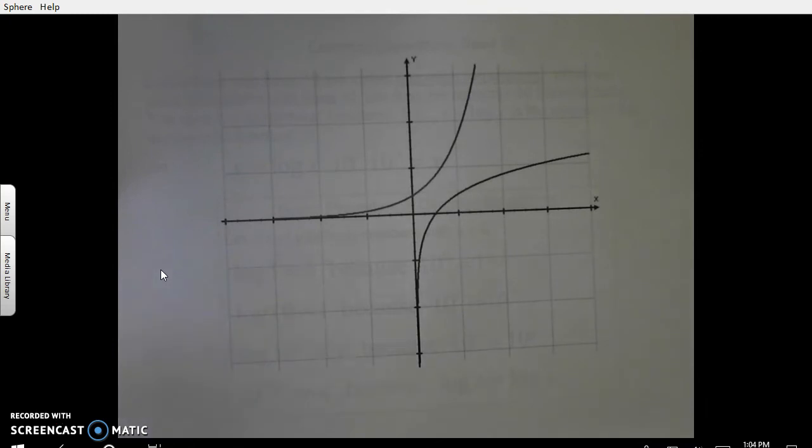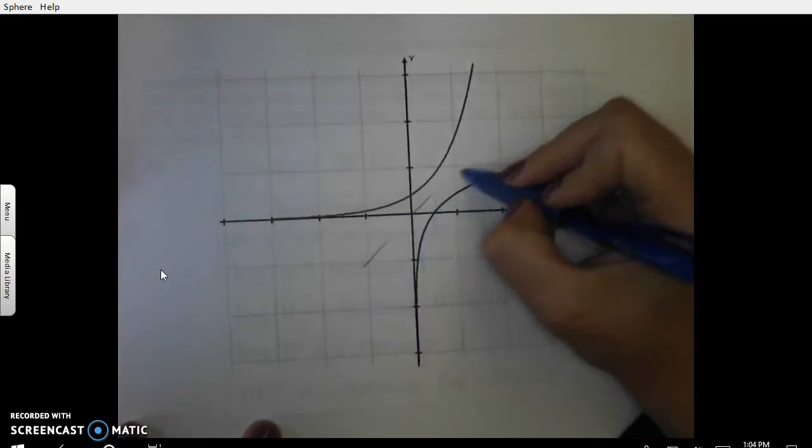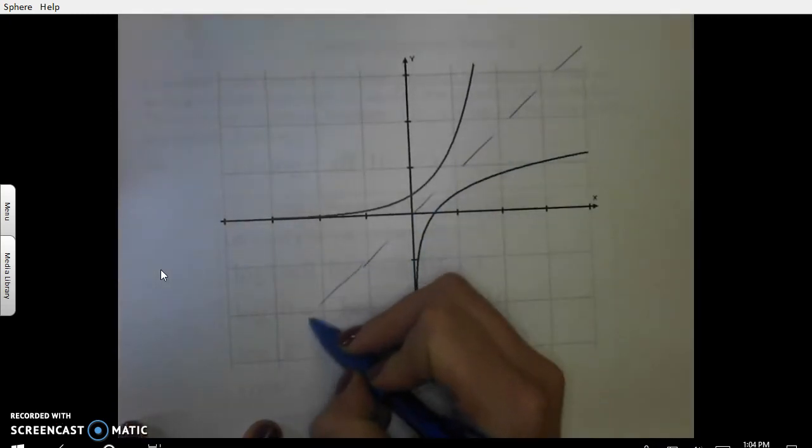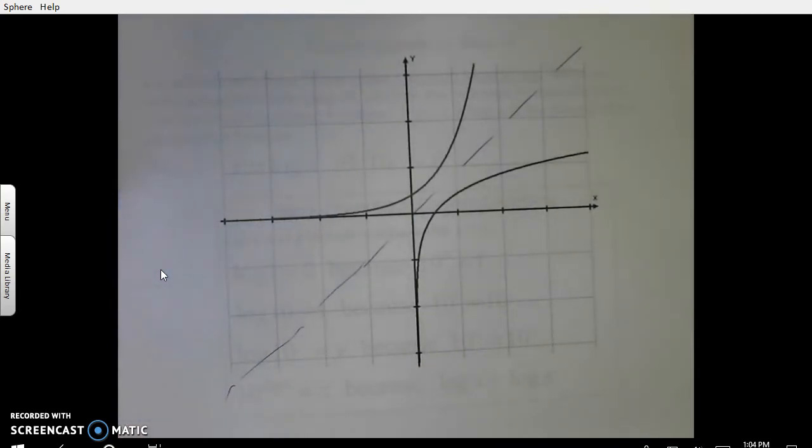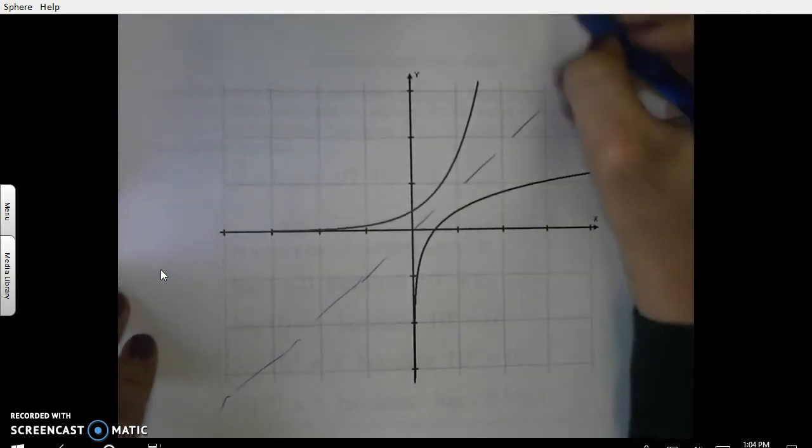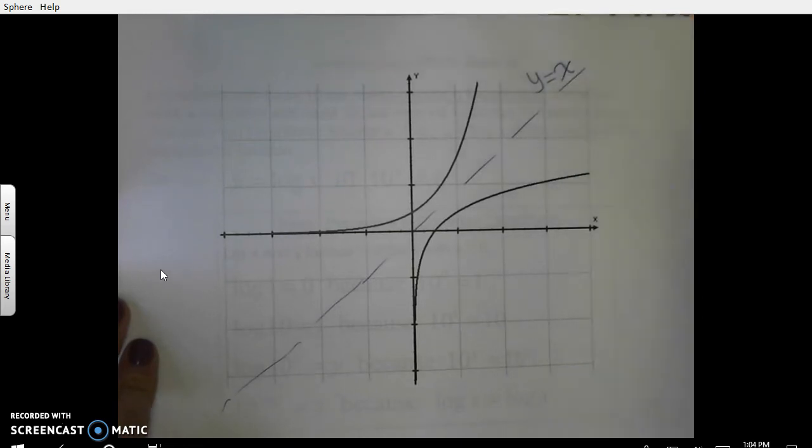These are also the graphs, and as we can tell, they have been reflected over the line y is equal to x.